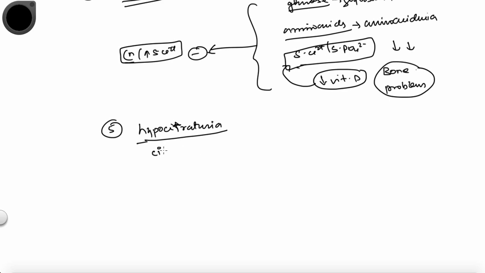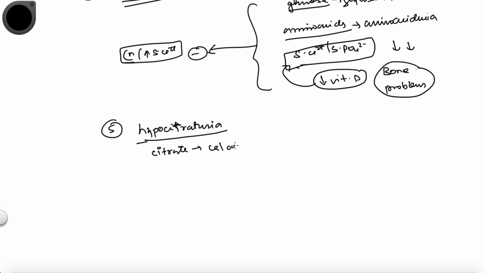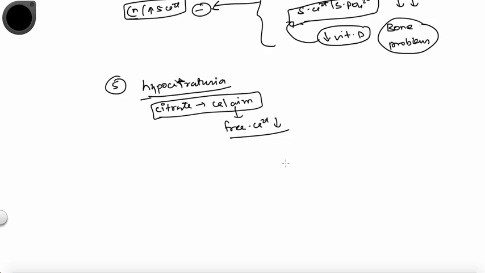Why? Because citrate usually forms complexes with calcium, and when they complex together, the amount of free calcium in the urine decreases, leaving very little free calcium. If you don't have adequate citrate in the urine, as in hypocitraturia, the citrate cannot complex with the calcium, and the amount of free calcium is going to increase.